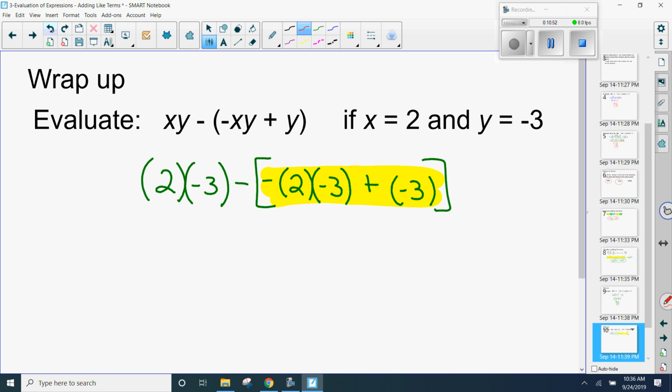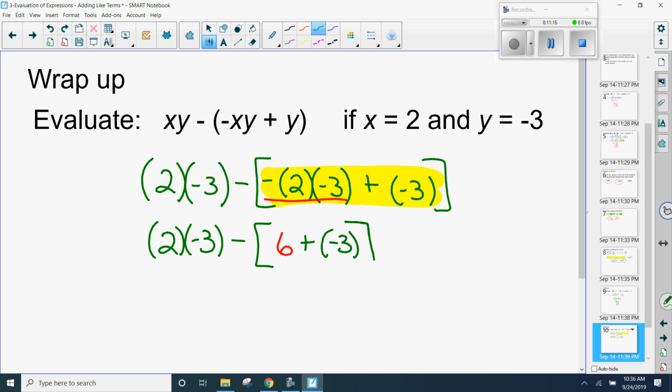So if we work inside the brackets, I'm going to keep this 2 times -3, and I'm going to subtract. Inside the brackets, the first thing you want to work with is multiplication. What do you get when you multiply these together? +6. So you have 6, then we have that plus -3. Now that means the same thing as just 6 minus 3 if you want to look at it that way.